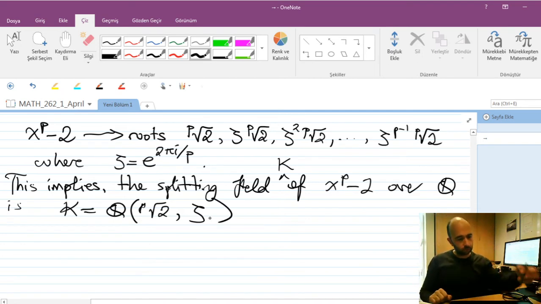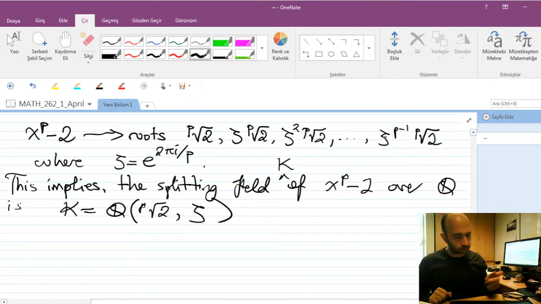This is simply because whenever you contain all these roots, you have to contain their ratios. Therefore, you have to contain p-th root of 2 and zeta. Conversely, once you contain these two elements, it's obvious that you contain all the roots. Therefore, this must be the splitting field.